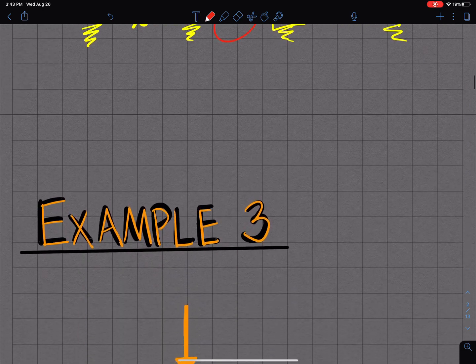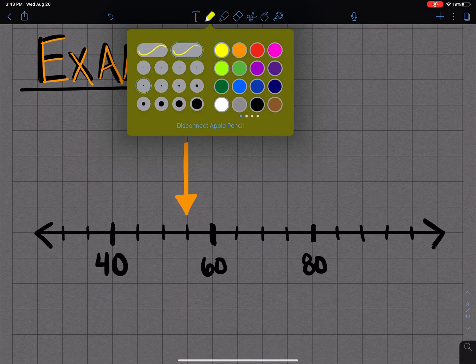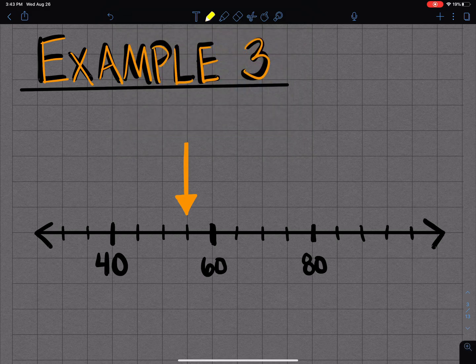All right, let's do example number 3. Now, it's definitely getting trickier here because the numbers that they give us are 40, 60, and 80. But I'm going to do sort of the same thing. What's halfway between 40 and 60? Do you know, Danny? Halfway between 40 and 60? Yeah.